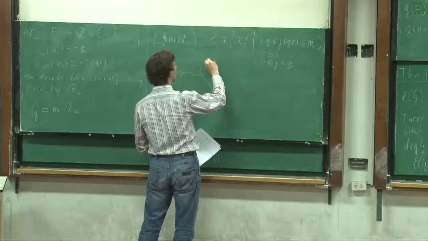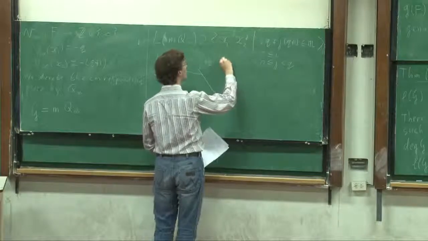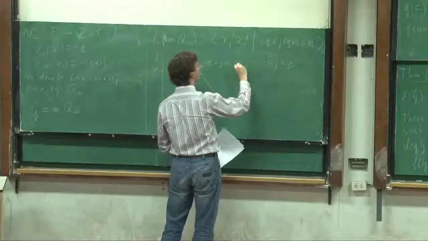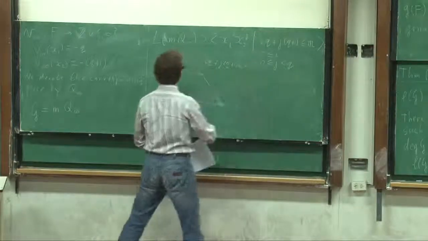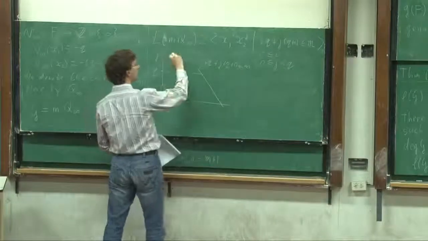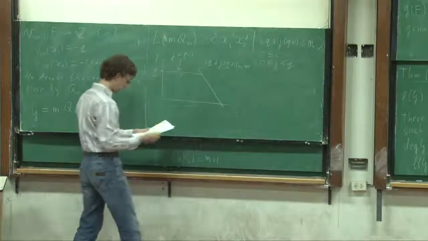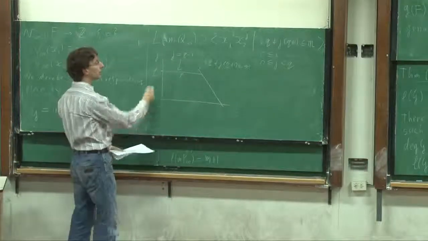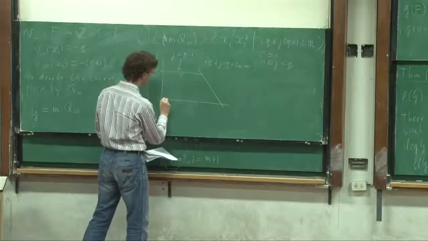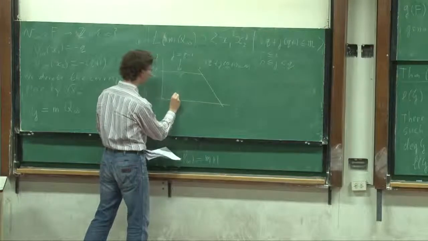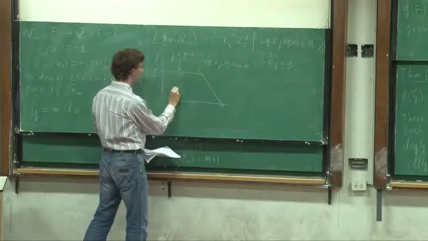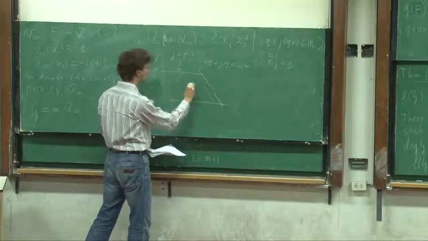So this is iq plus j(q+1) is equal to m. This line segment is j is equal to q, or q minus 1 if you wish. And then what we are looking at is all the lattice points inside, they correspond to these monomials.